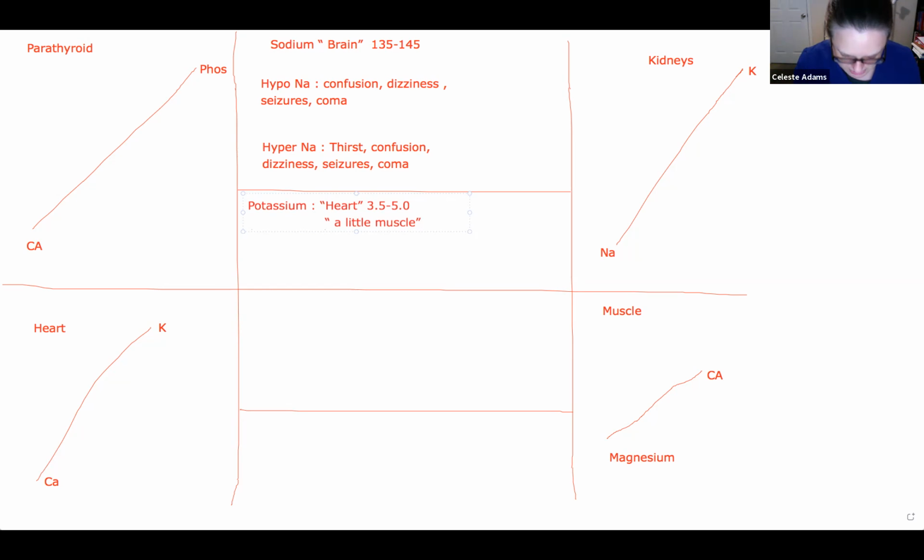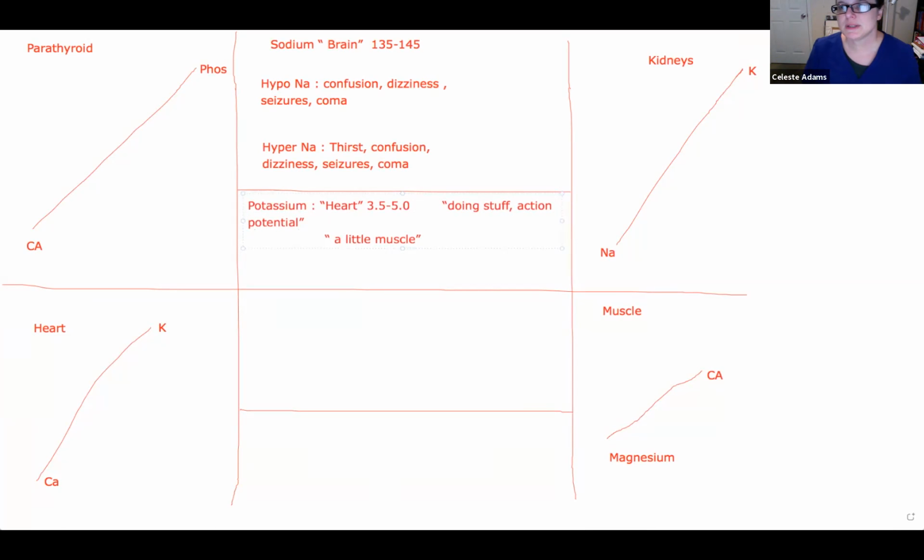Also, in terms of symptoms, I want you to think of potassium as also doing stuff: action potential. Those signs and symptoms that give you high action potential are going to be on the hyperkalemic side.